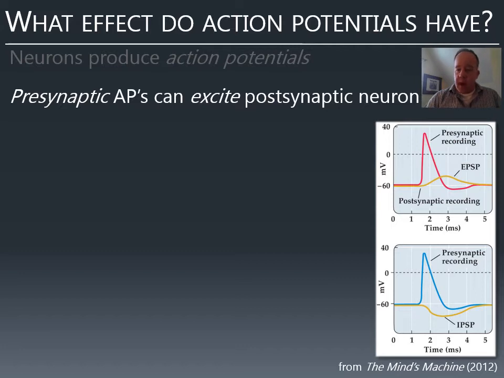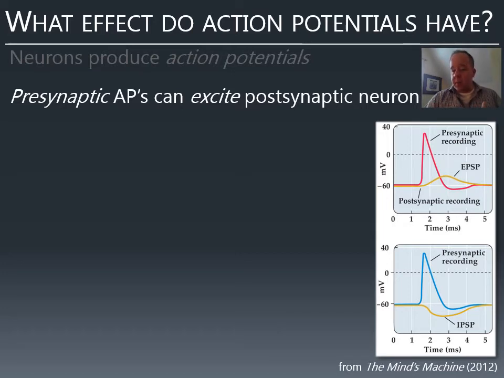So in the top panel of this diagram, you have what's called an excitatory postsynaptic potential, or EPSP. So you have that action potential shape we see here in red, and the EPSP is what happens on the postsynaptic side. And we see just a little bump, and that is a stimulus. That is an EPSP.